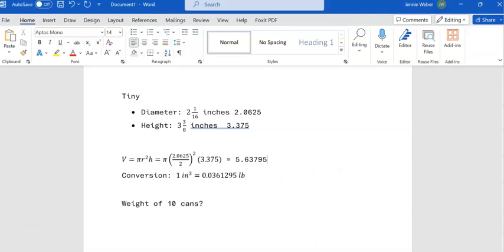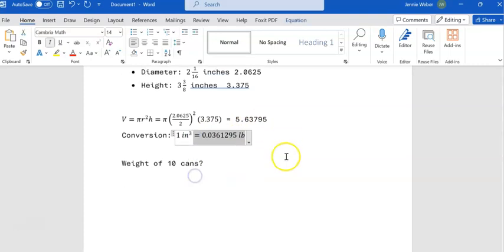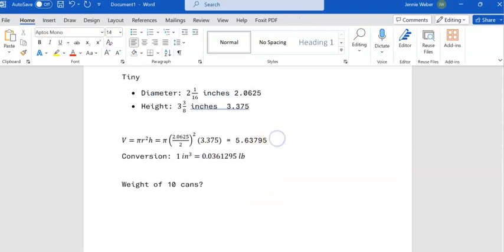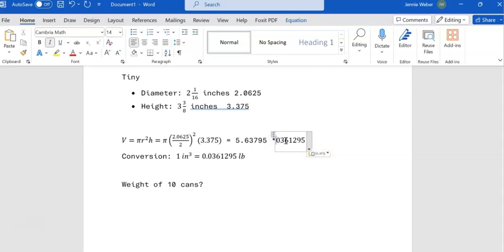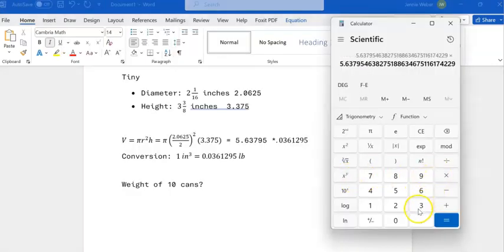This is the volume. And given that my can says 6 ounces, but this is in cubic inches, right? But I want this in pounds. So I'm going to take this and times it by the conversion factor right here, 0.036129.